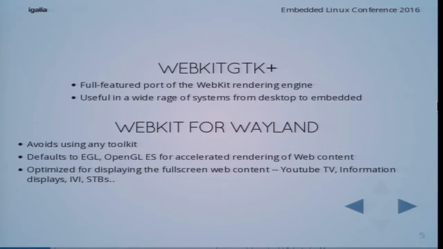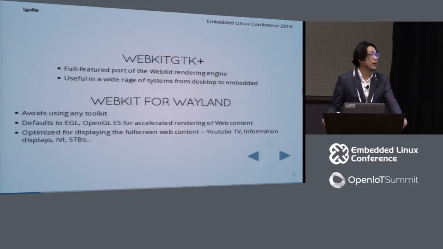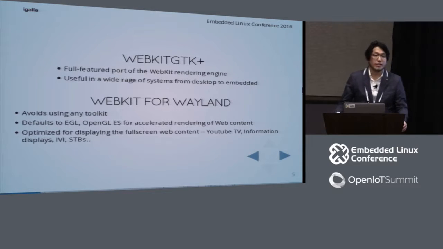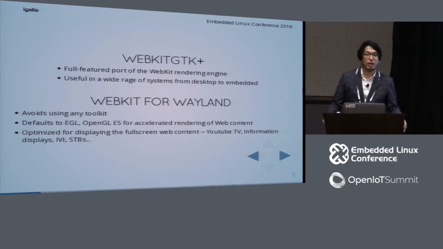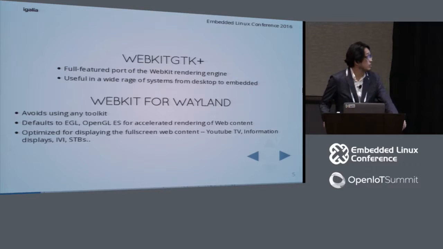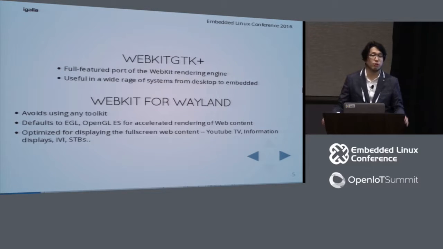For example, there is Evolution, an email client in the GNOME environment, which uses WebKit to render the email. So it is not only for the browser; it is also used in various applications to adopt web technologies. And there is also Epiphany, a full web browser for the GNOME environment. So it's quite useful for every use case.